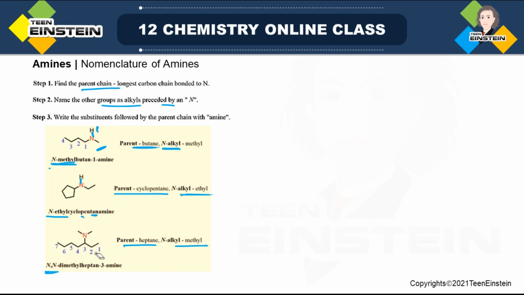N, N-dimethyl, longest chain 7 carbon. So heptane, but E will be omitted. Heptane hyphen 3 and 3 must be written, otherwise how we will understand that 3 carbon is actually attached with nitrogen, and then suffix amine. Okay.